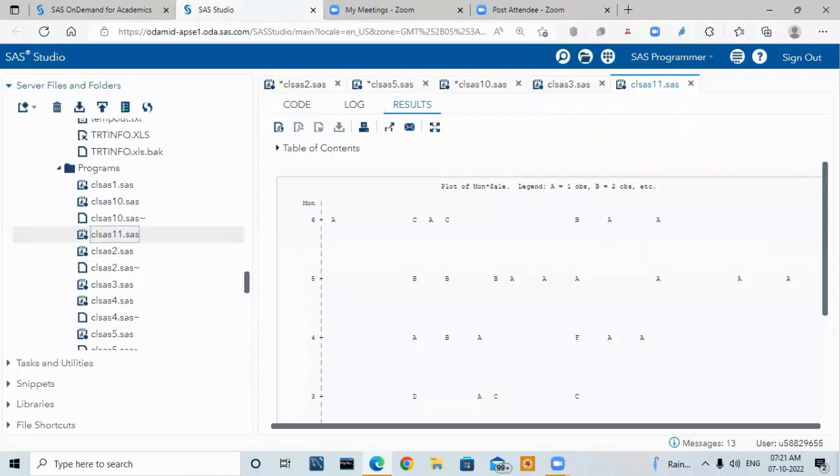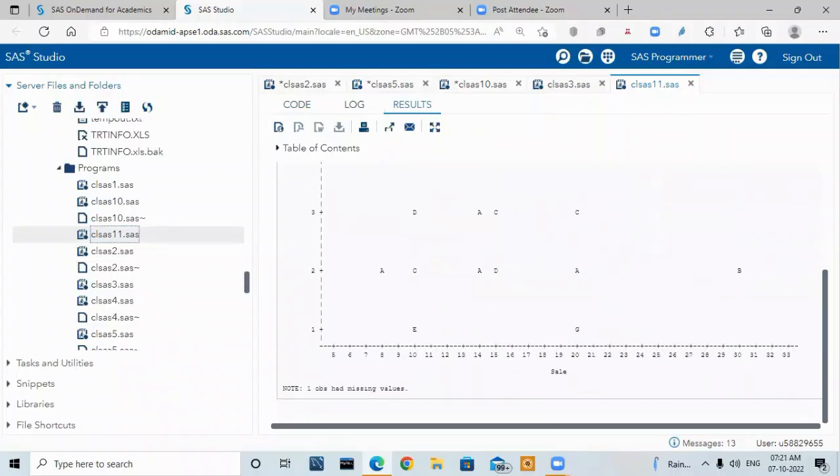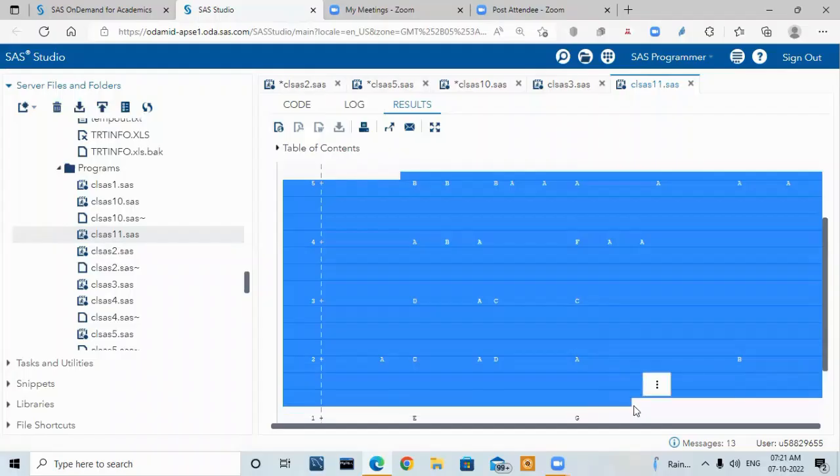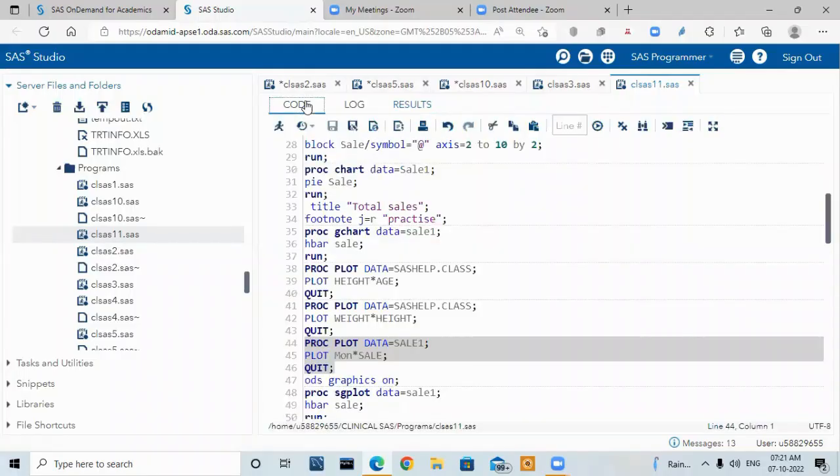You can see here, month versus sale: month on the x-axis and sale on the y-axis. Understood? There is no perfect relationship here also. The plot is scattered, right? There is no perfect relationship between the month and sale. That means the sale is not proportional to the month.